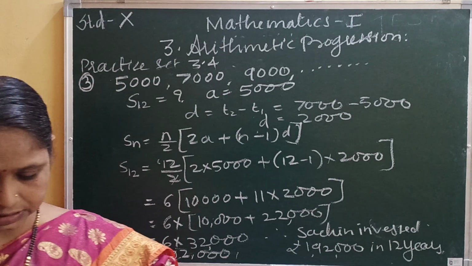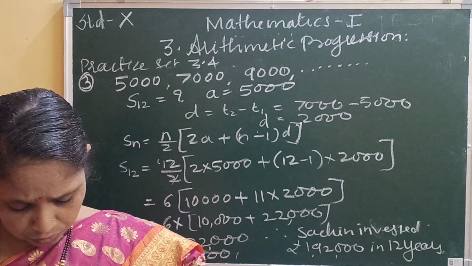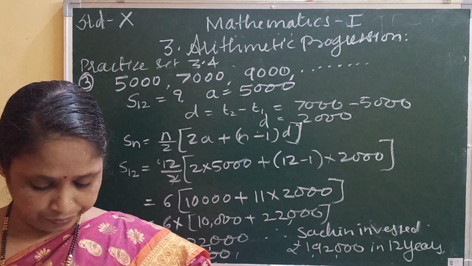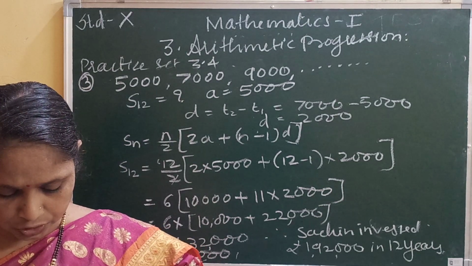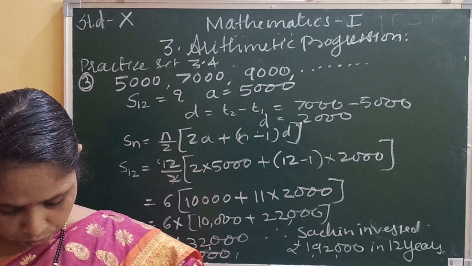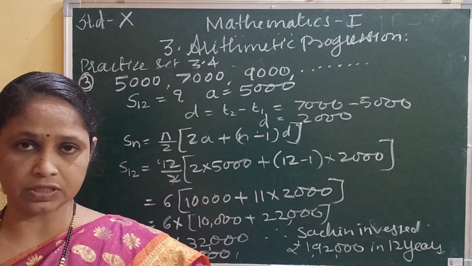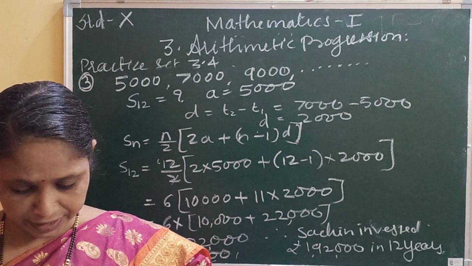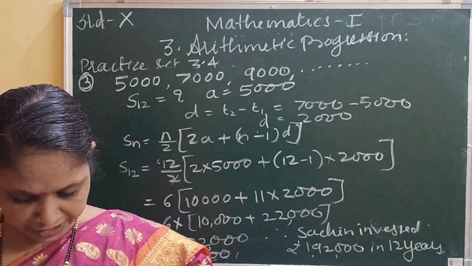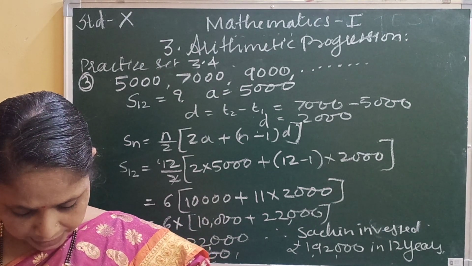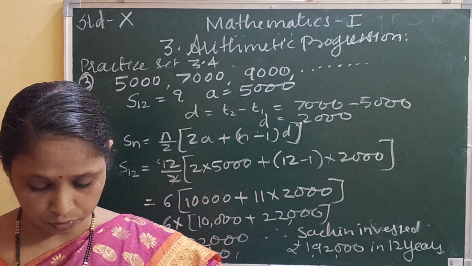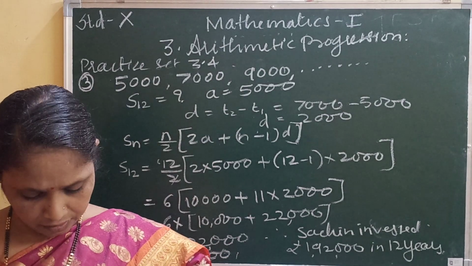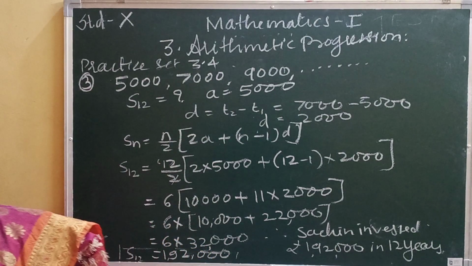Here the first term is given, and the common difference is also given. So first we will find T15, the number of seats in the 15th row.